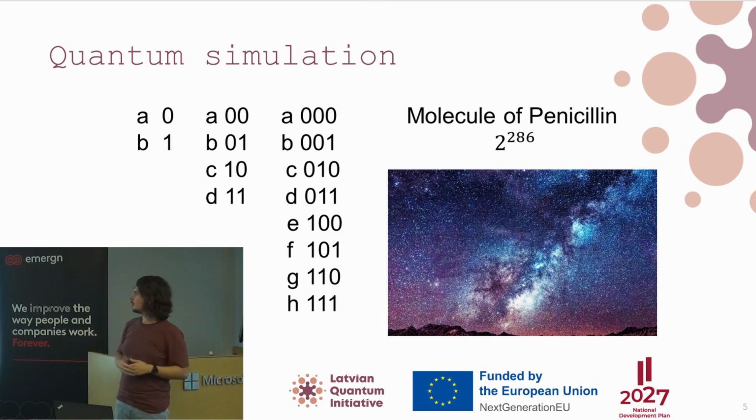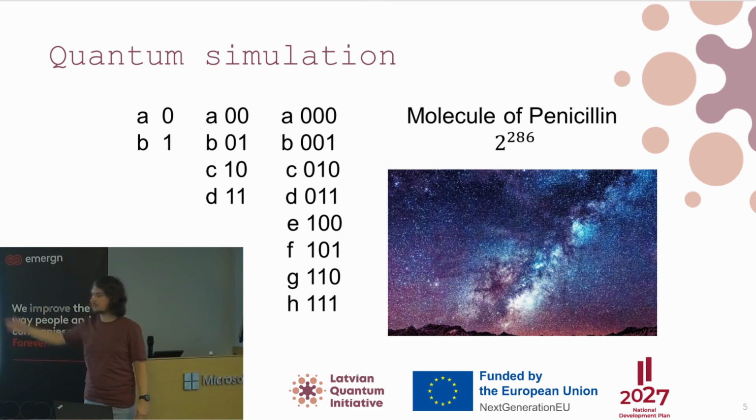Therefore, in order to describe this system, you need some number for each of these possibilities. So you have just 3 bits, and you already have 8 numbers to track in order to follow the evolution of the quantum system. And this number grows exponentially.